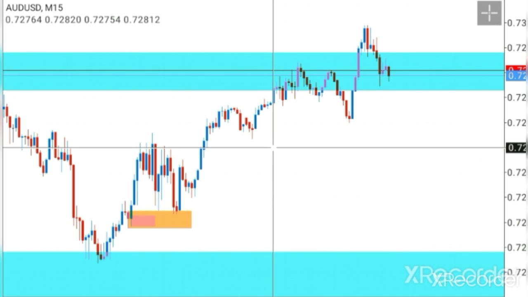The first thing that you need is your higher time frame for buyers. The second time frame that you need is the lower time frame of your choice. It could be 5 minutes, 1 minute, 15 minutes, whatever. What are you waiting for on your lower time frame? You are waiting for double break of structure for you to take your trade.